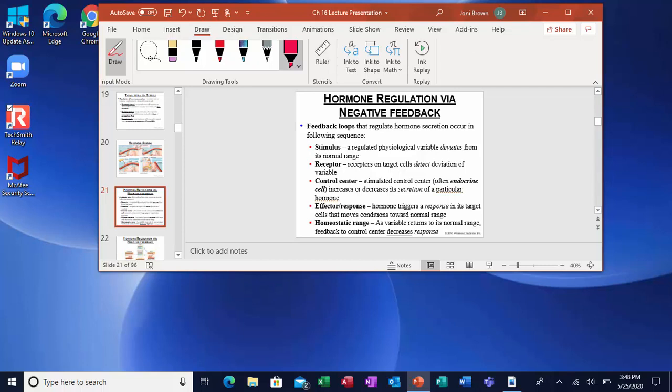Oftentimes the control center is an endocrine cell, and it tells it needs to increase or decrease the secretion of this particular hormone. And then that hormone elicits some sort of response in the target cell, which is the effector response. And that's moving it back towards the normal range. So that variable, we want to keep it within its homeostatic range. And as soon as we decrease the response, we get it back into normal range and the feedback loop shuts down.